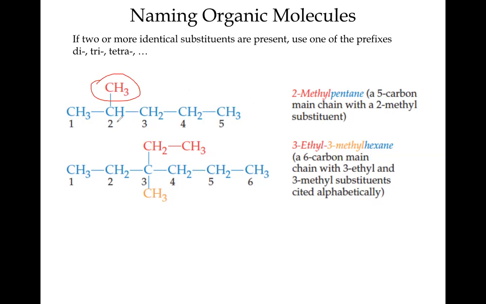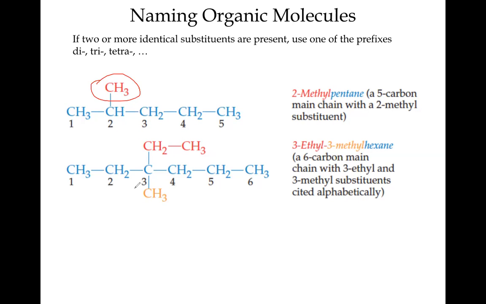And it's on the second carbon because we numbered it that way, because we wanted this branch to be on the lowest carbon possible. We didn't number it from right to left, we numbered it left to right. So it would be 2-methylpentane. Pentane because the longest chain is made up of 5 carbons.